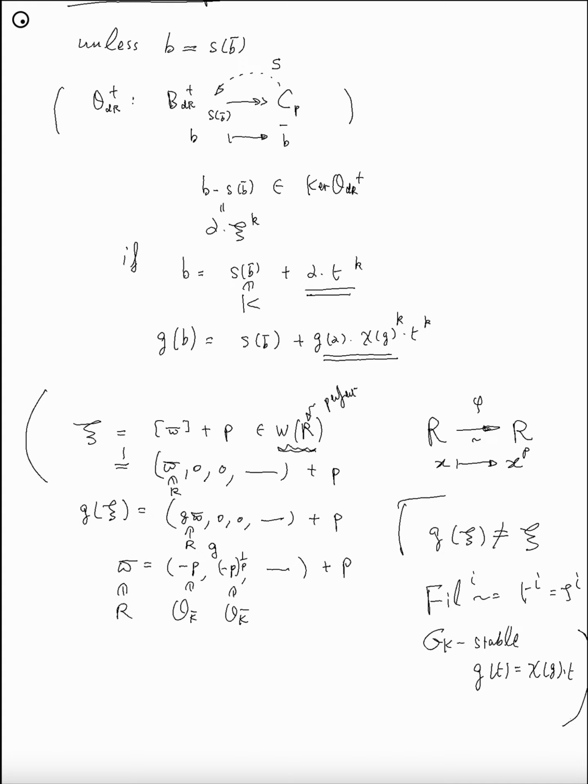Okay, good. So we're back here. This should force this part to be 0, and so B equals S of B bar, so it lies in K.